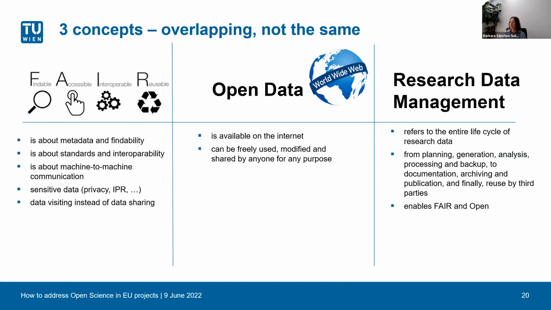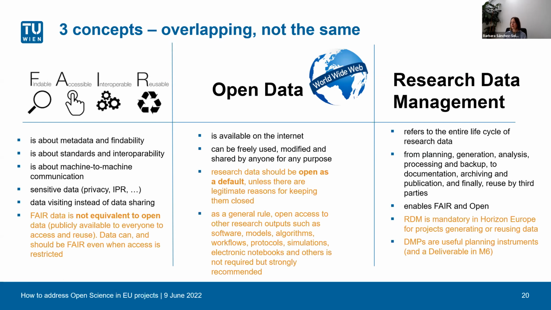You give it away also for further work. And FAIR is actually a deep concept, much more about it's not open. So in orange here, I have added what the Commission understands with these concepts. So research data management is mandatory. Open data is highly advisable. FAIR, with FAIR, they mean if you cannot make it open, make it at least FAIR.